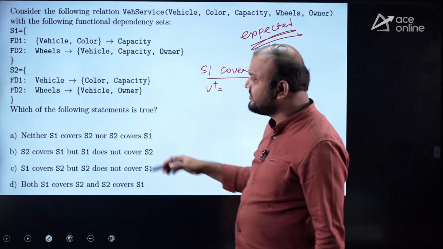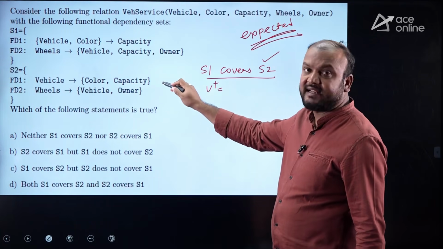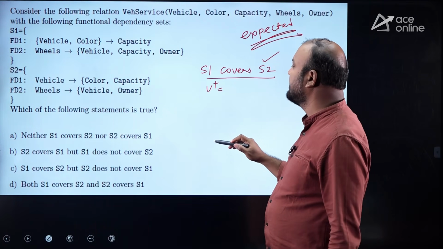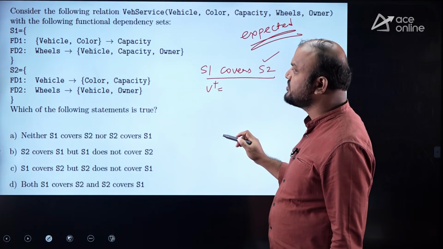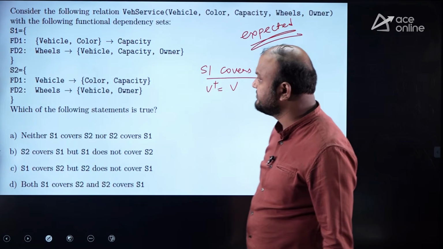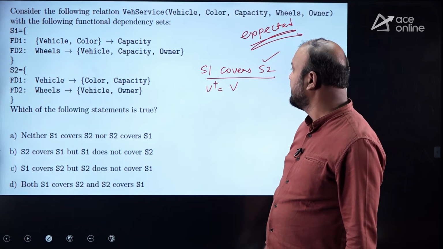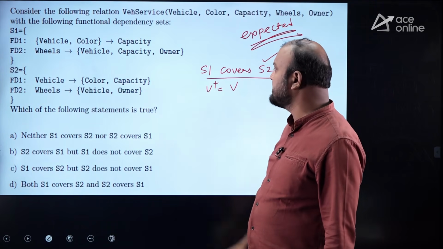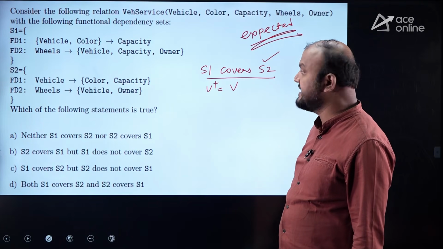In S2, we have vehicle to color capacity. Now, is vehicle to color capacity there in S1? How do you do this? By taking the closure of vehicle. When you take the closure of vehicle in S1, vehicle closure is vehicle only. You don't have that dependency.